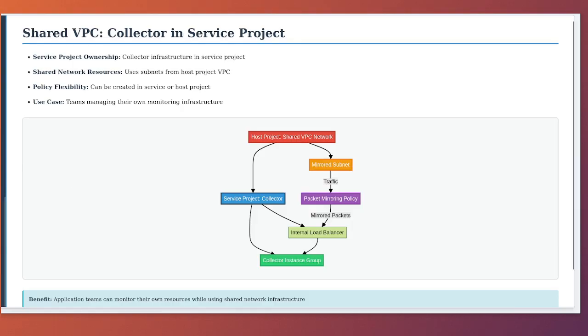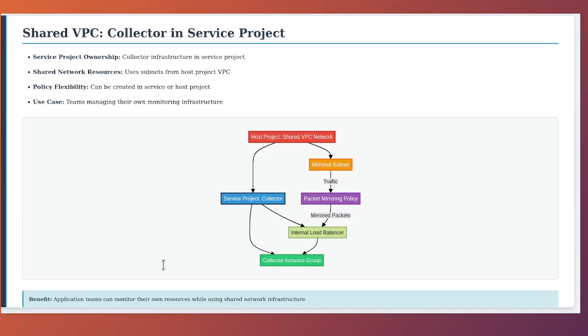This project contains the collector instance group, which includes the actual virtual machines running your monitoring software. These collector instances are using a collector subnet from the shared VPC network. Even though the collector instances exist in the service project, they're using network resources from the host project, which is how shared VPC works.